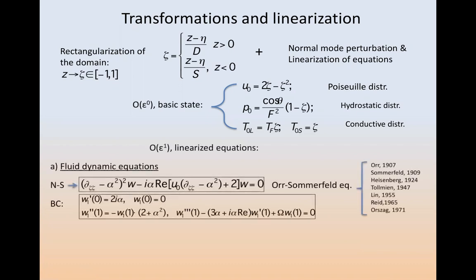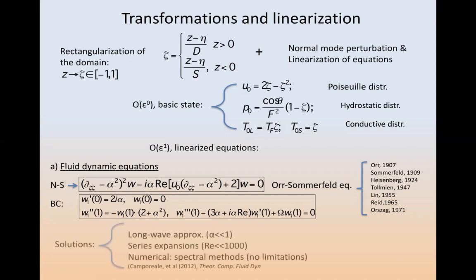At the first order, no surprise, we obtain the Orr-Sommerfeld equation, but a bit different from the classical and standard Orr-Sommerfeld problem, because the boundary conditions are different because of, of course, the presence of the free surface. This problem was investigated by eminent people, Orr, Sommerfeld, Heisenberg, Tollmien, Lin, Orszag.